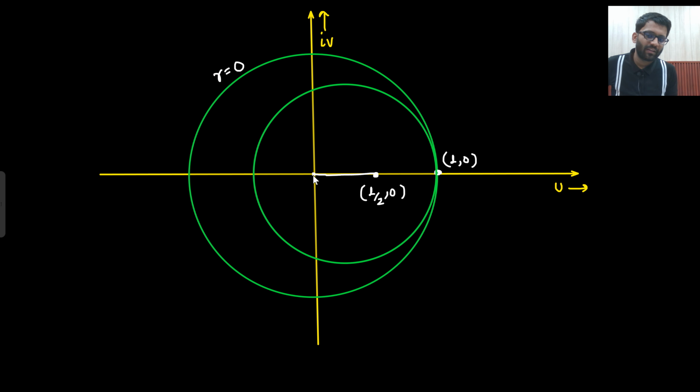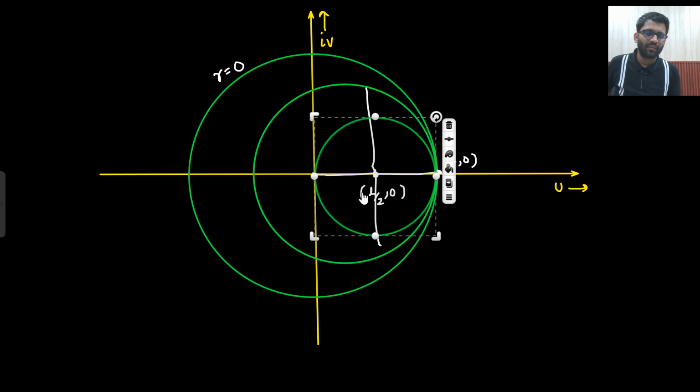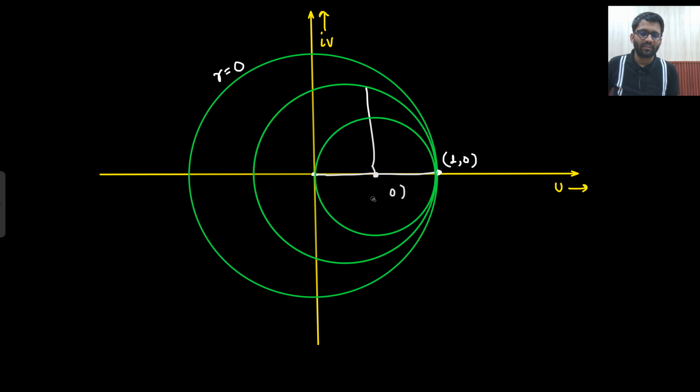So 1 by 2 upper side, 1 by 2 downward side, 1 by 2 here and 1 by 2 here. So what kind of circle will you be getting? This kind of circle. Are you able to understand? Say yes or no. So this was the circle for r equal to 0.5. This is the circle for r equal to 1.